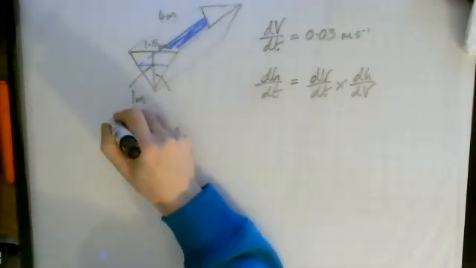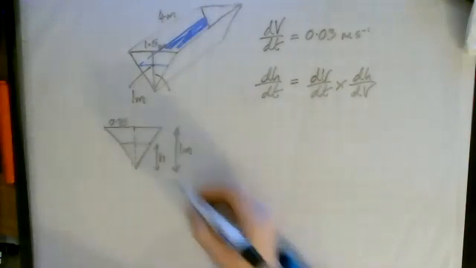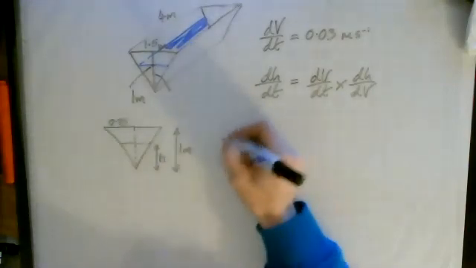I guess half of the 1.5 is 0.75. Okay, so we use similar triangles to work out the formula.